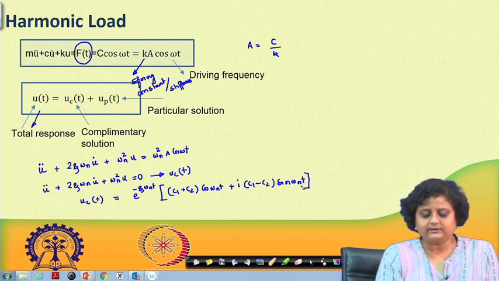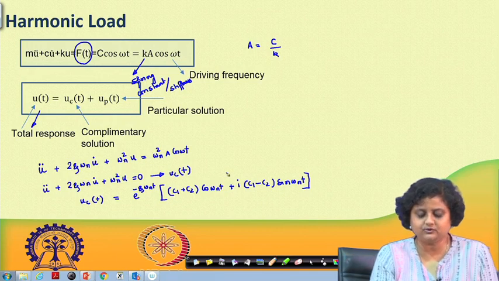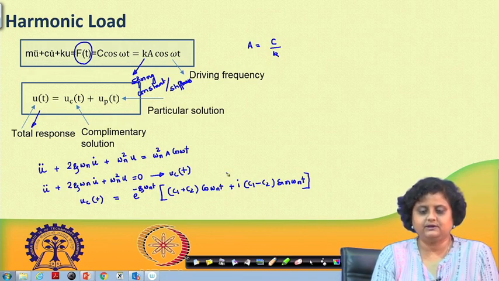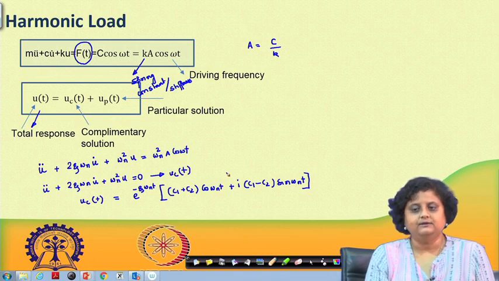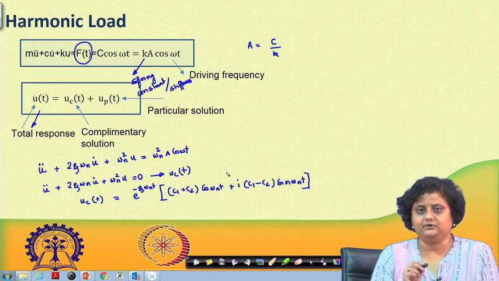Now, what is the nature of this solution? As I said earlier, the solution is going to be a sinusoid with exponentially decreasing amplitude.